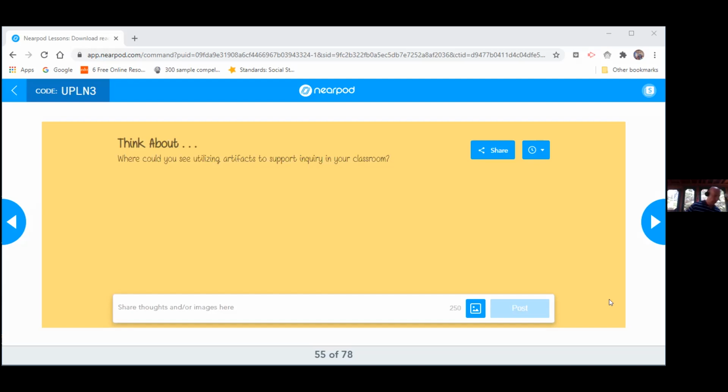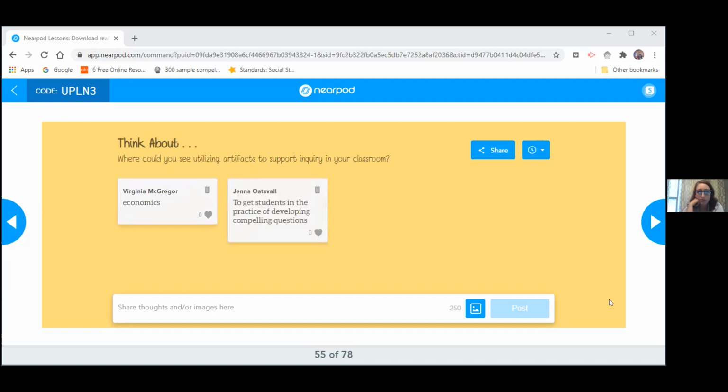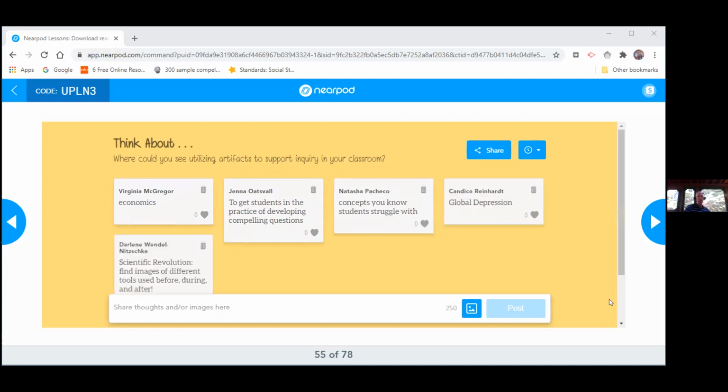Imperialism has some great political cartoons and images that would be really good to get started. Yeah, economics. I love that you can compare different currencies and what they look like. Having them practice developing those compelling questions. The global depression, definitely. I like that one. And graphs in this artifact also.